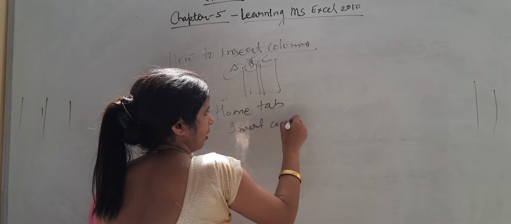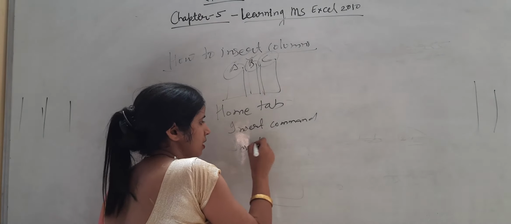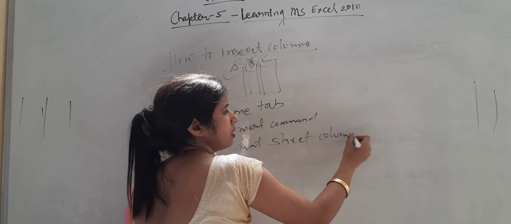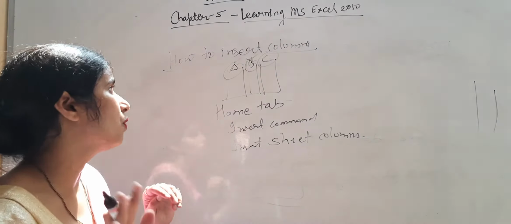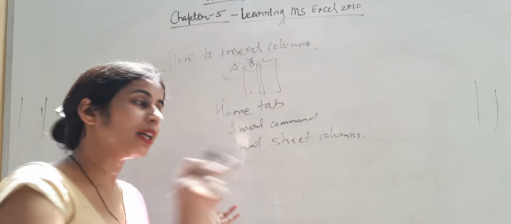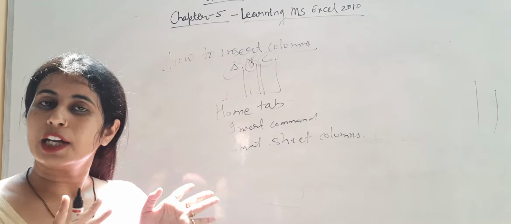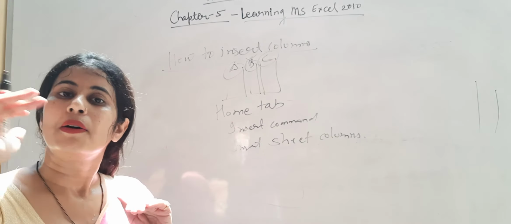Okay, if you have clicked on a column heading, it will show you the option Insert Sheet Columns. And if you have chosen a row heading, it will show you Insert Sheet Rows. It will vary according to the selection.